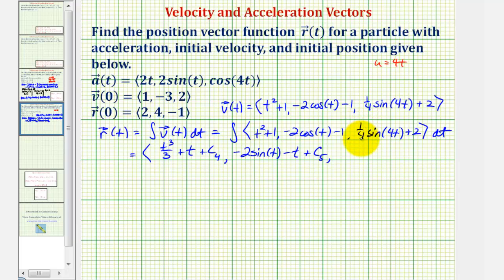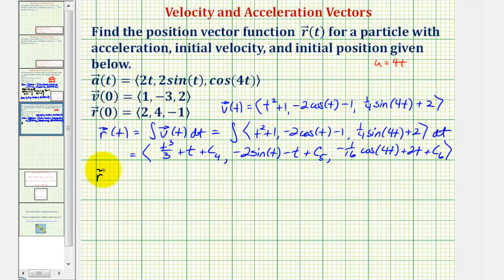And since 1/4 times 1/4 is 1/16, the antiderivative of 1/4 sine 4t would be negative 1/16 cosine 4t. And then I have plus 2t, and then plus c sub 6. So if you need to, you can go back and take a look at the u substitution when we found v of t. And now because we're given r of 0, we can determine the constants c sub 4, c sub 5, and c sub 6, which will give us our position vector function r of t.